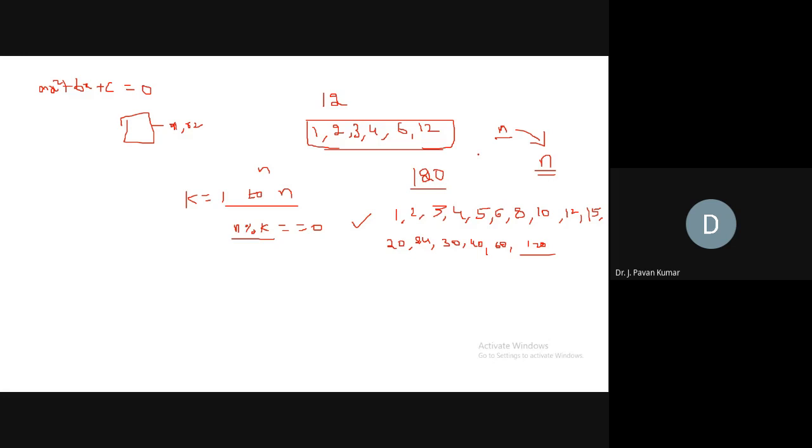Next, one more observation: suppose the given number is 120, how many divisions do we have to perform? To find all the factors of the given number, how many times do we have to perform division and obtain the remainder?